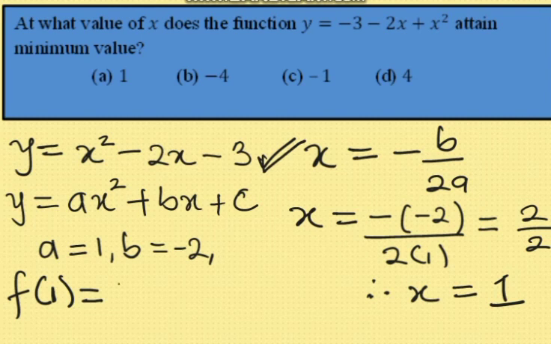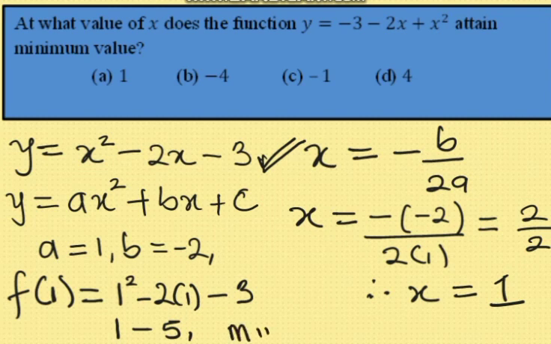So we are going to have 1² - 2(1) - 3. So here we are going to have 1 - 5. Therefore, the minimum value of this function will be equal to -4. That is when you are asked further to obtain the minimum value of a function.